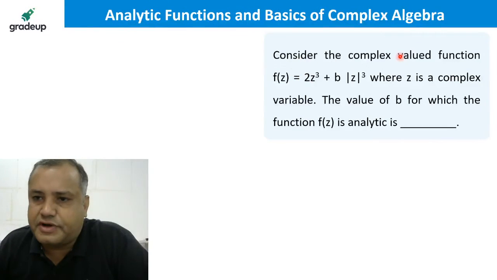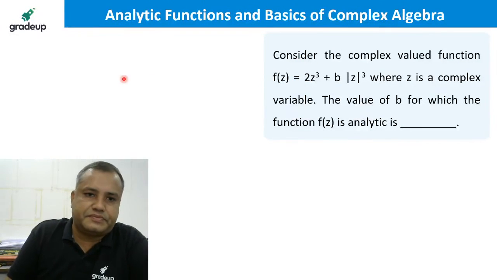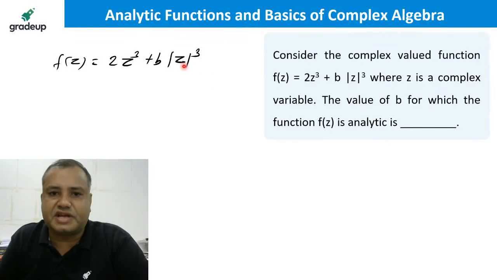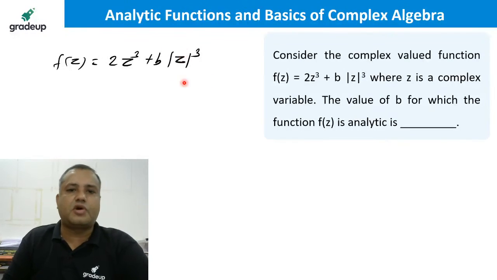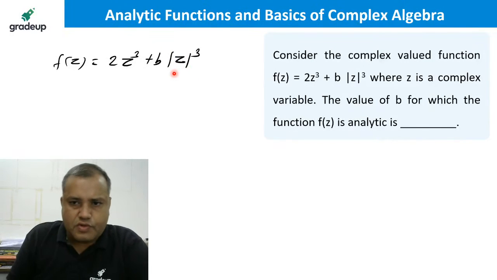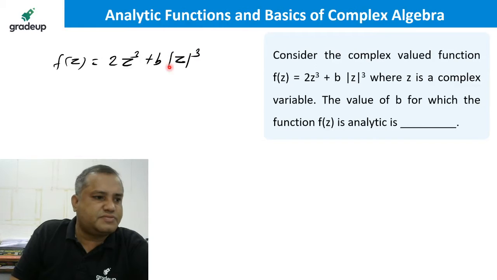Now for this function to be analytic, what is the obstacle? The obstacle is this modulus function, because the modulus function is not differentiable. So what you can do is remove this modulus part.